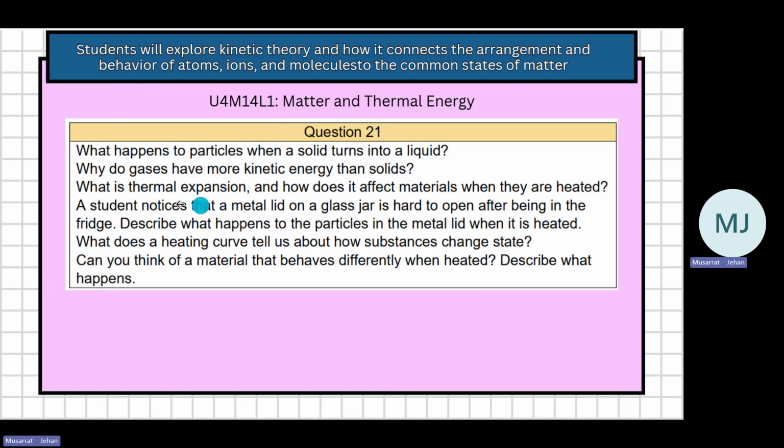Here again, we're talking about thermal expansion. What does a heating curve tell us about how substances change state? We are talking about the heating curve, which we also did in the multiple choice questions. Can you think of a material that behaves differently when heated? Here we will be talking about 2 different types of materials which do not follow the heating curve.